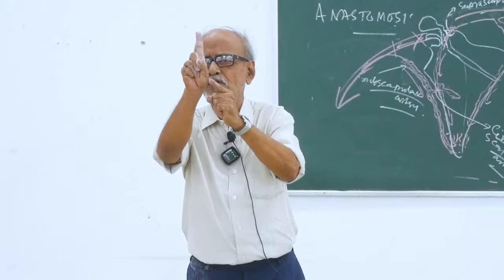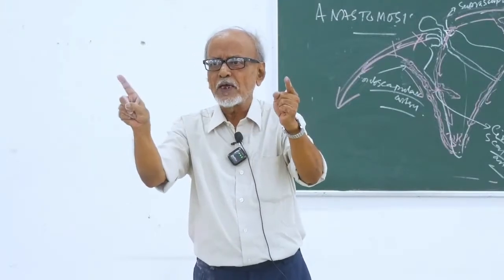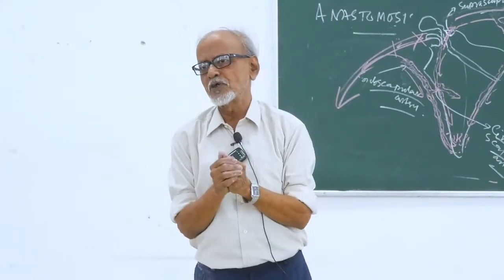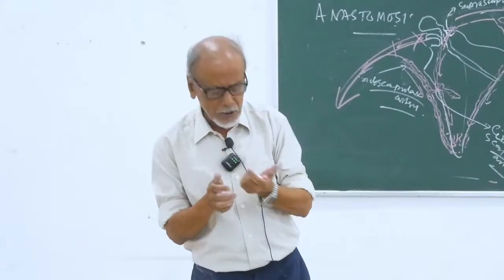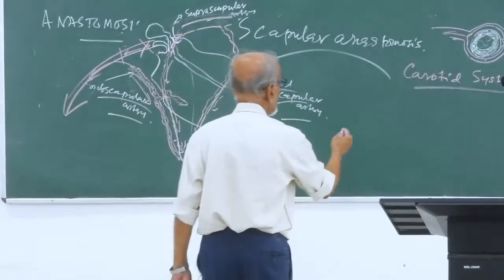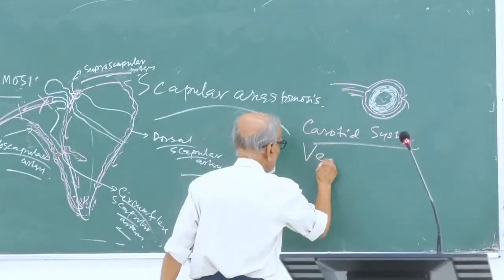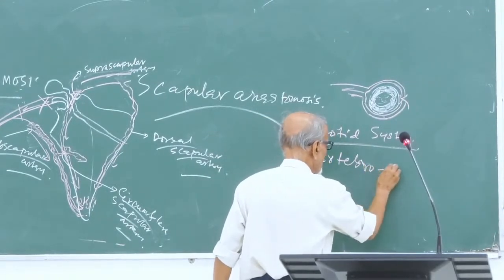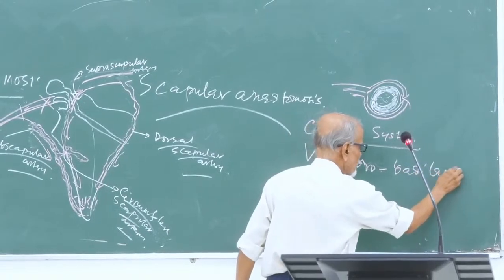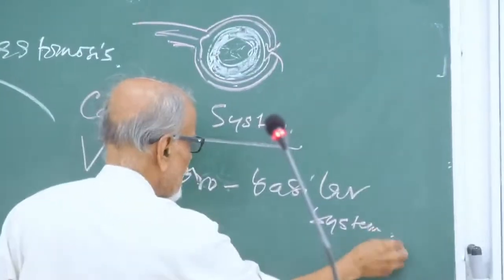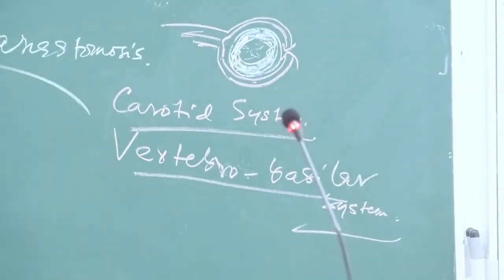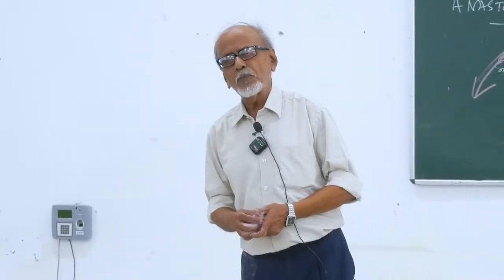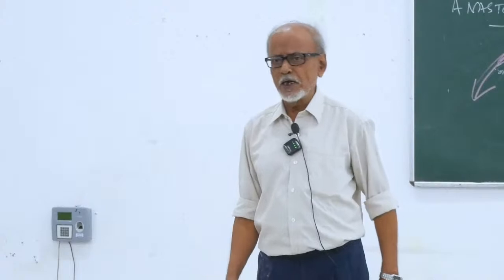At the pontomedullary junction, a single trunk, the basilar artery, will be supplying the pons, the cerebellum, and will furnish the posterior cerebral arteries to supply the cerebrum. So the vertebro-basilar system owes its origin to the first part of the subclavian artery, which is meant for the upper limb during early development.